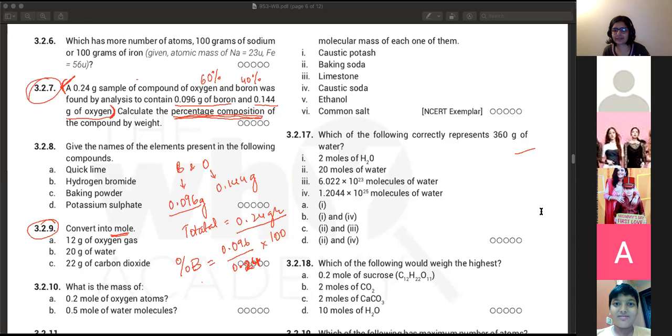Yes, correct. So Raghav has done all three of them. Got it? Okay, Jaden, Aditya, yes. Vasudha has done the second one also. Awesome.